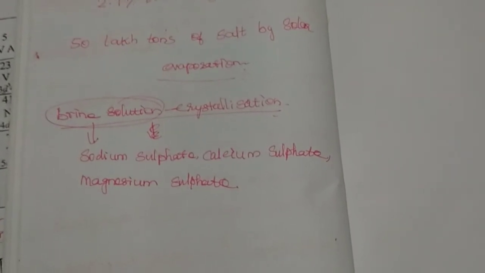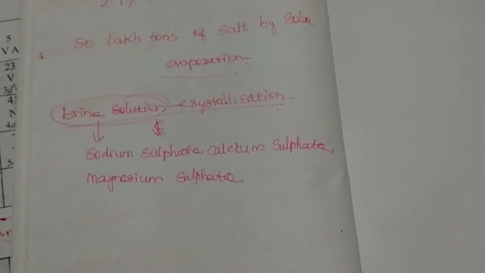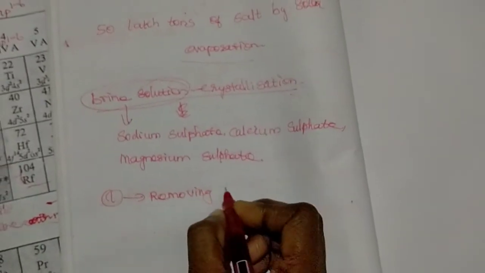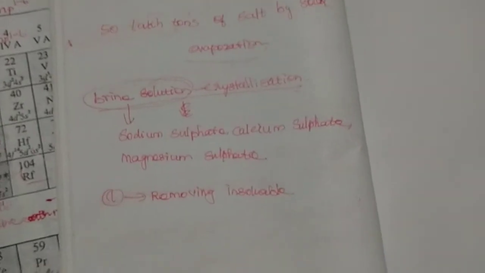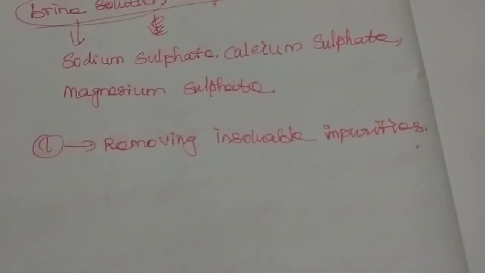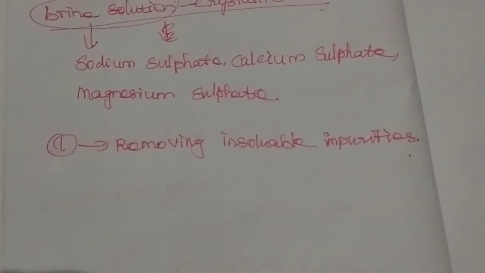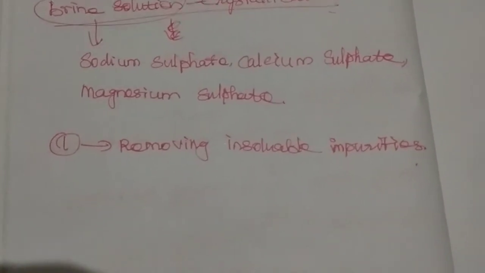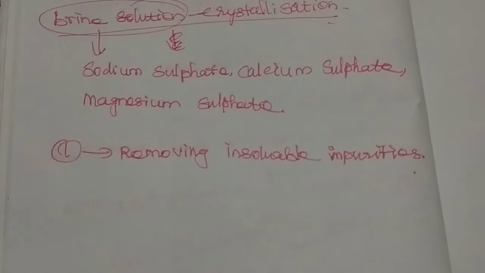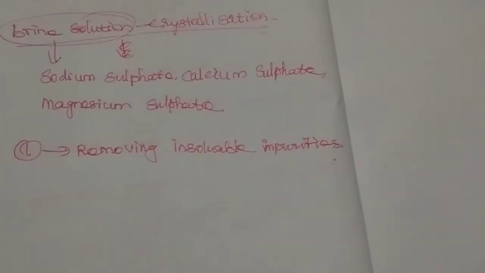The process involved in getting pure sodium chloride solution: first, remove the insoluble impurities from the crude salt solution by the filtration process, with the minimum amount of water. After removing the insoluble impurities, sodium chloride can be crystallized by passing hydrogen chloride gas into the purified solution.